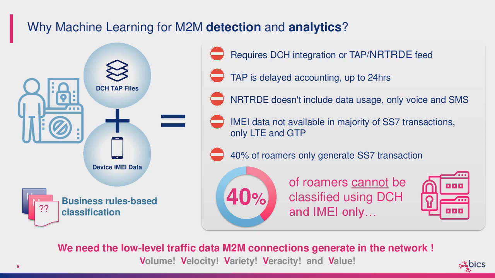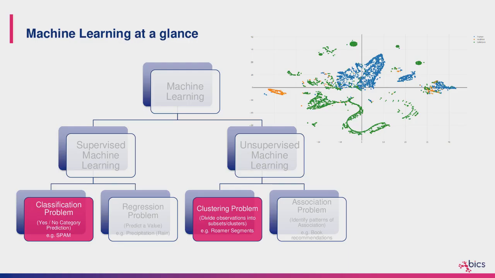When we throw in the mix the variety from the different protocols that we'll have to deal with, and obviously the need for the data to be reliable, in order for you to be able to trust what it's saying, then it is obvious that if you really want to tackle this specific issue of detection of machines in roaming, to understand the difference between machines in roaming versus humans, and also extrapolate insights needed to drive a business case for M2M roaming, you need to look at data science at some point, okay?